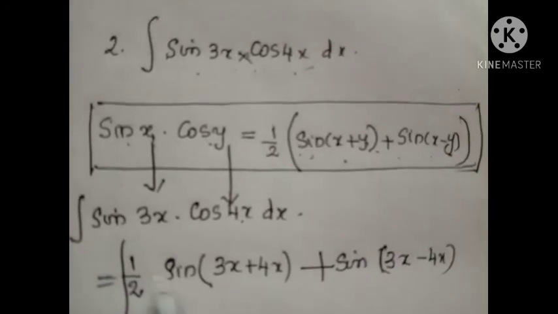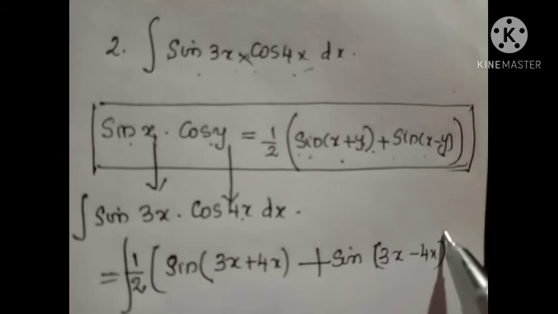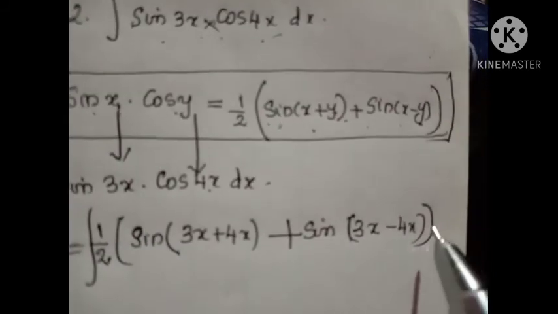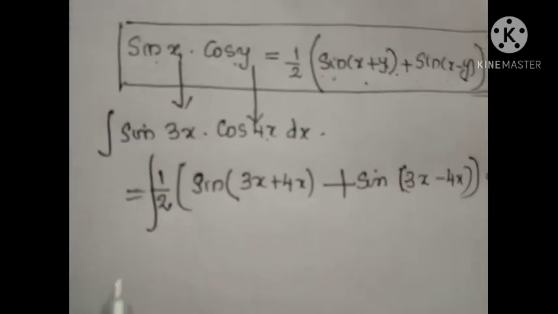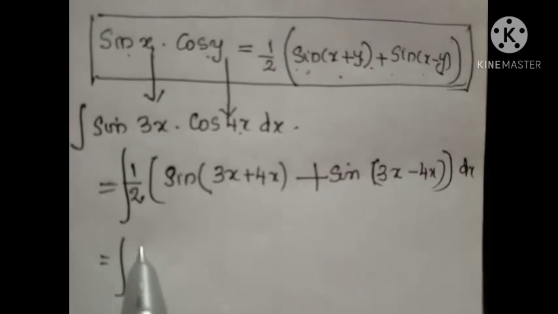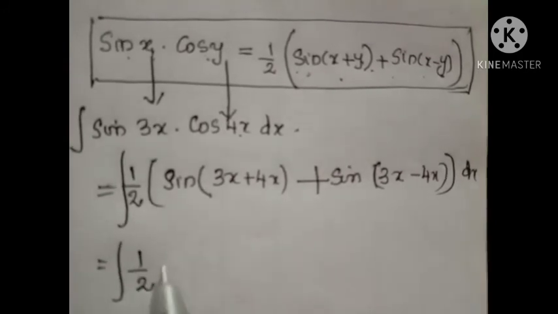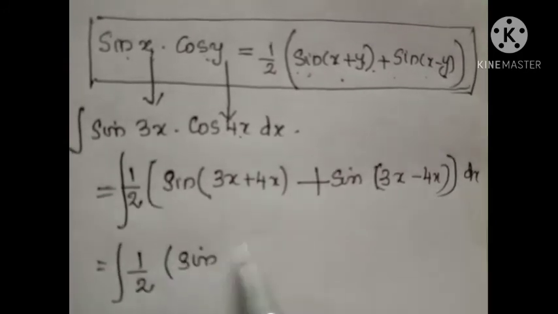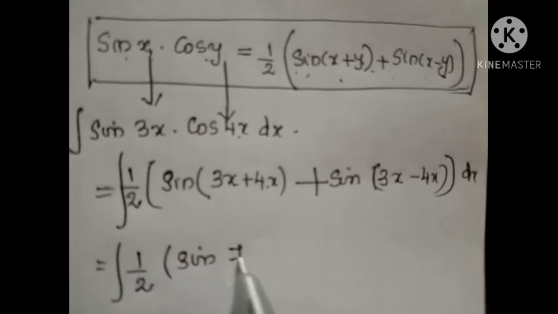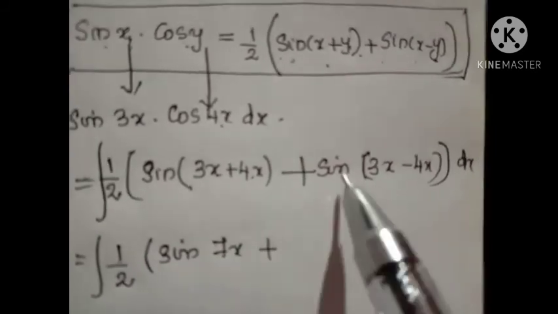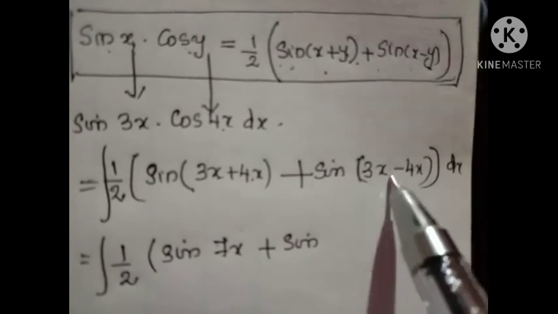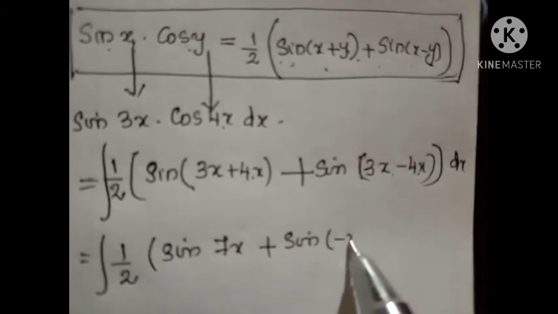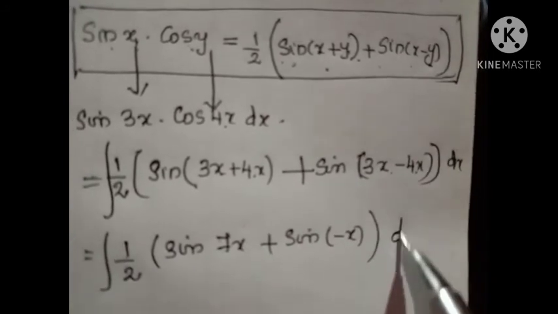Half is common to this dx. This is equal to the integral of 1 by 2. Now simplify. Sin 3x plus 4x is 7x, plus sin 3x minus 4x is minus x, dx.